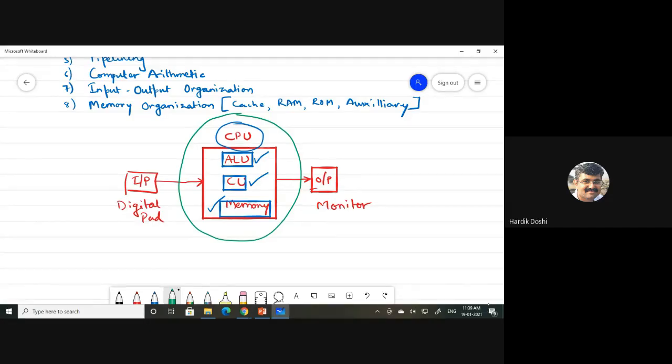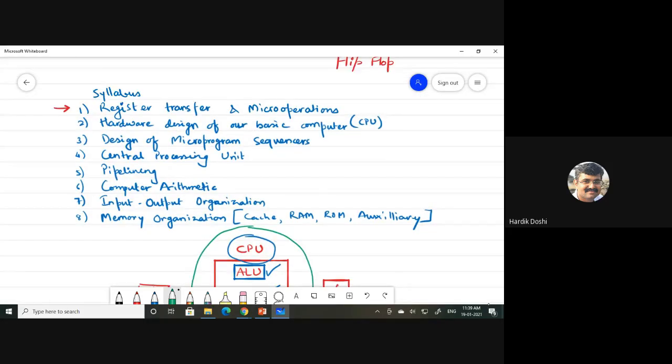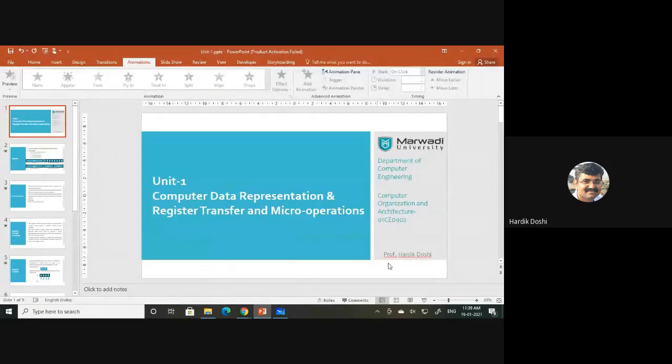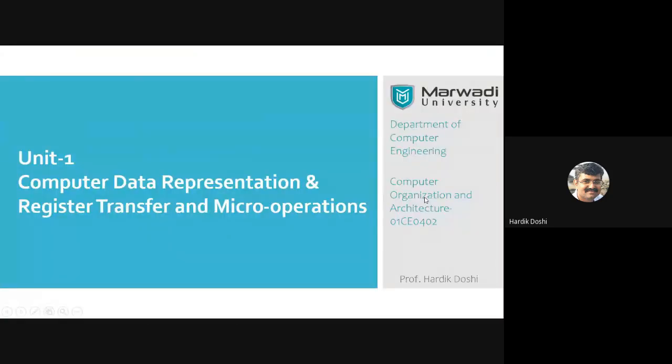Okay, so let's start with the first unit of our syllabus, that is register transfer and micro operations. Let's start with that. Now I'm switching to the presentation area. So this is our first unit, that is computer data representation and register transfer and micro operations.